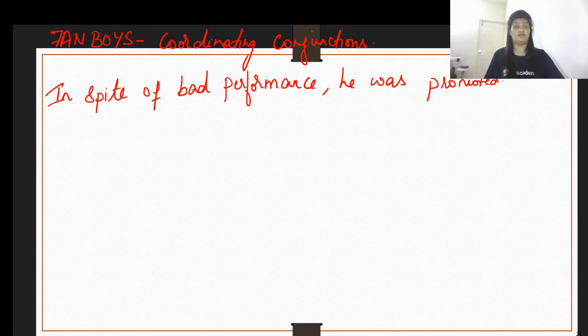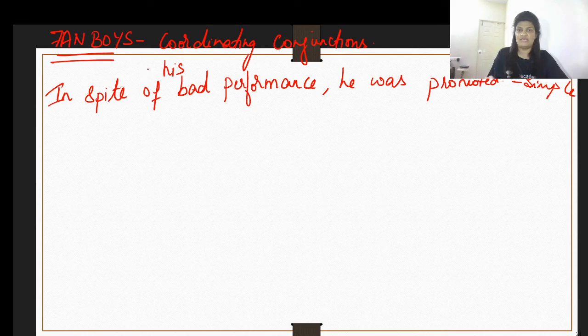So what is the rule? What are you got to do? You got to convert the phrase into a clause. So you also have to bring in the conjunction. Bring in any one of these conjunctions to convert this simple statement into complex. So what are you going to do? In spite of his bad performance, he was promoted.